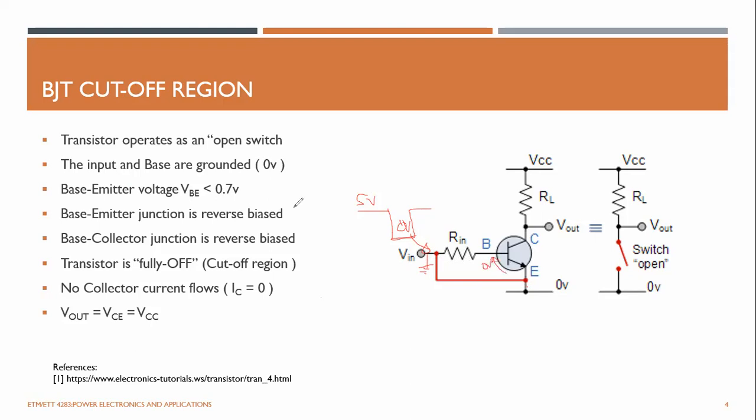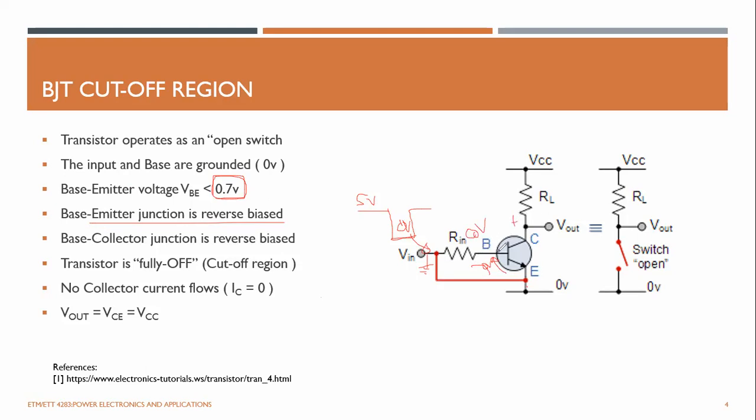At that point, the base emitter voltage is less than 0.7. The 0.7 is the typical threshold value of the transistor biasing, which means the base emitter junction is reverse biased, no longer capable of driving current through here. And the base collector junction is also reverse biased, as this is 0 volt and this is at a positive potential.